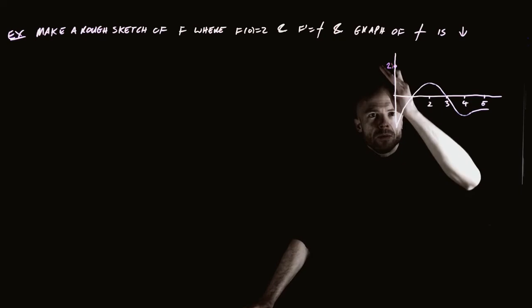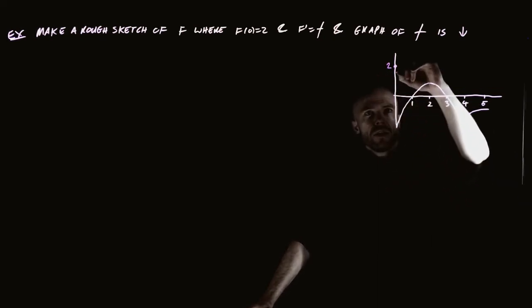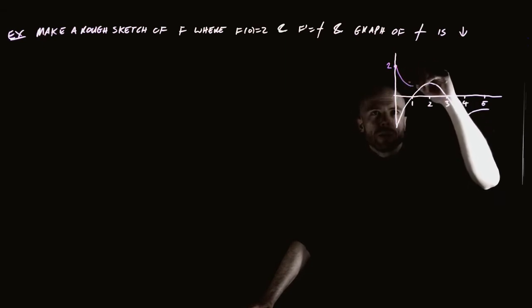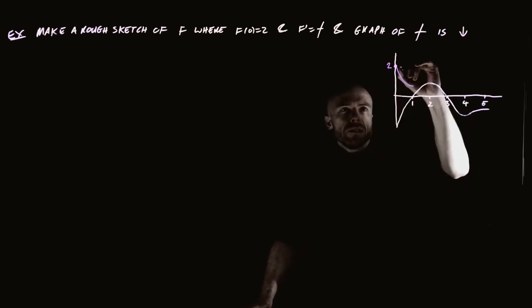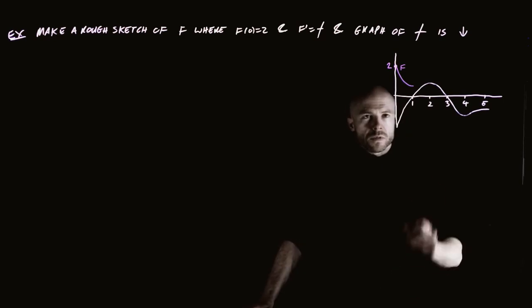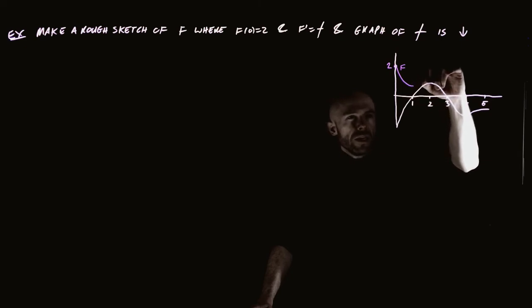It's decreasing, but less and less quickly because the slope is less and less negative until we get to say something like here, and then the slope has to be 0. And then from 1 up to 2, the slope goes from 0 to being more and more positive, and it's the most positive here at 2.